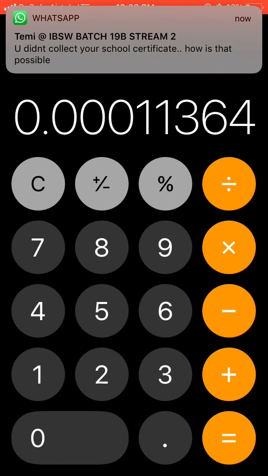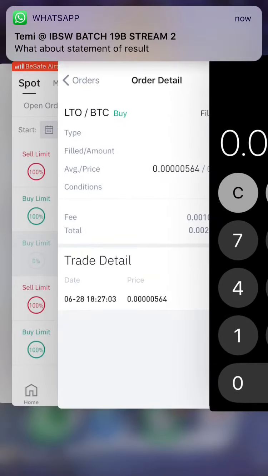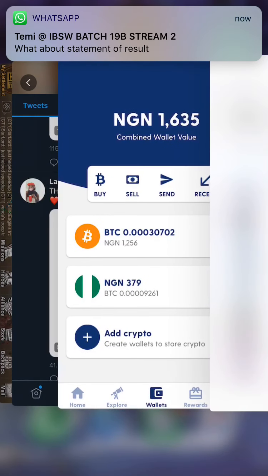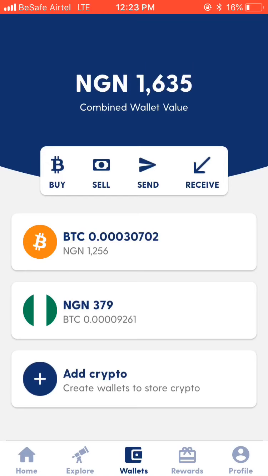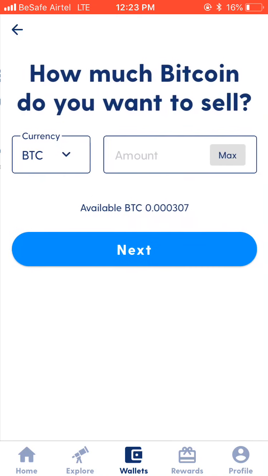So the reason I kept telling everyone not to think that when your money has increased in value, it means you're making profit. No, it is the increment in your BTC itself. This is the difference, and this is your profit. Now if you want to see the amount it will result to, although that depends on the value of BTC at that time, come over to your Lunar app and click on sell.